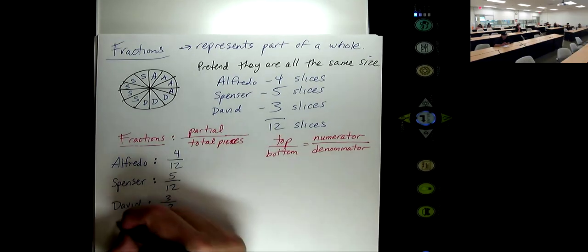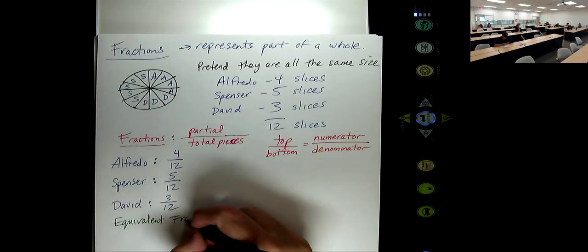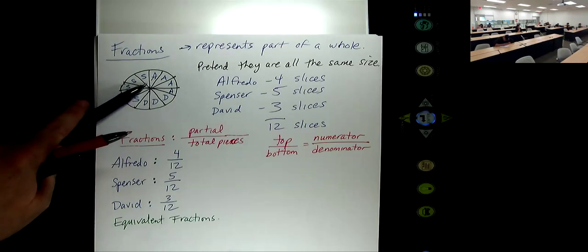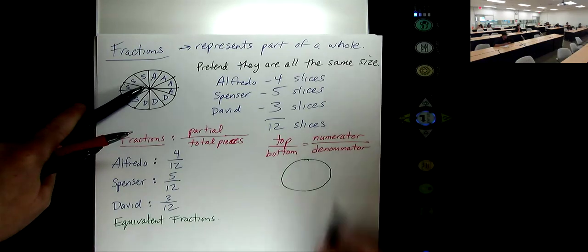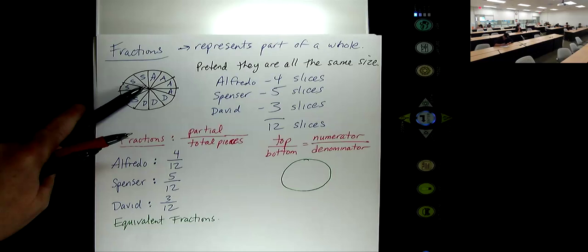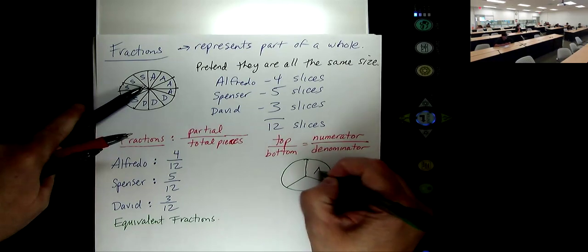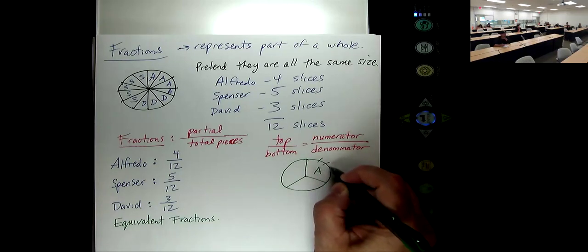We also have something called equivalent fractions. So Alfredo ate 4 of the pieces, and if we look at the pieces, let's just say he was cutting it at home, he's like, I like one big piece. I'll fold it in half. Alfredo ate that part. That's 4 slices.